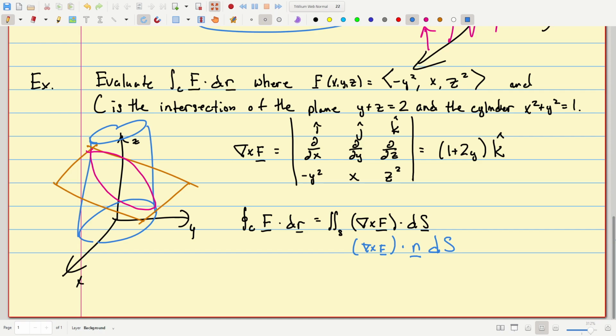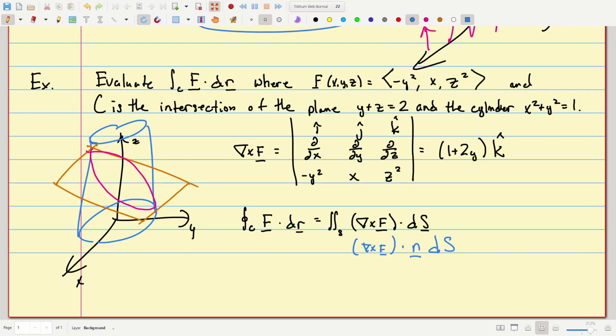The dot dS that's bold-faced, we think of as dot the normal vector to that surface, and then dS that is not bold-faced. So the idea of a projection is built into the way that we use the notation here.